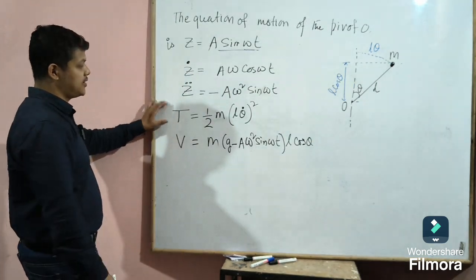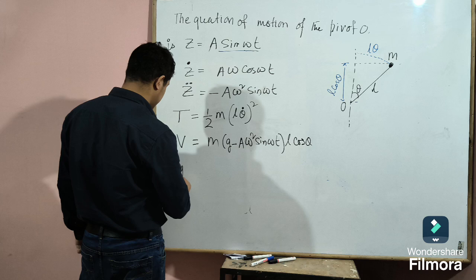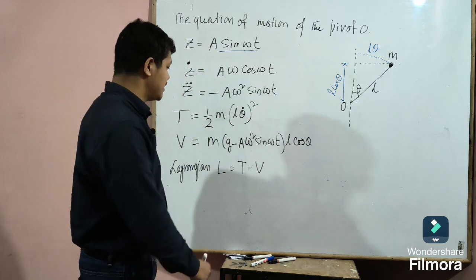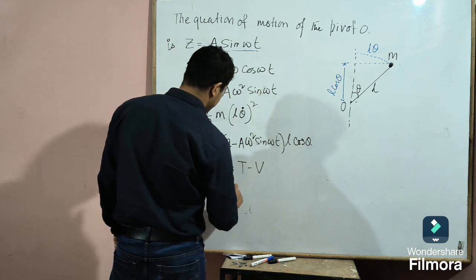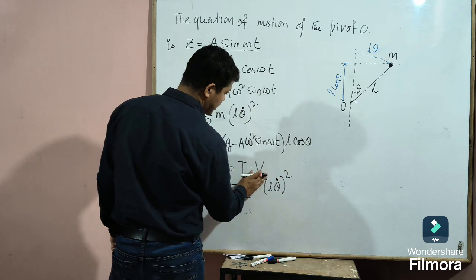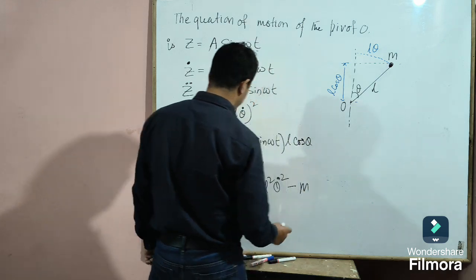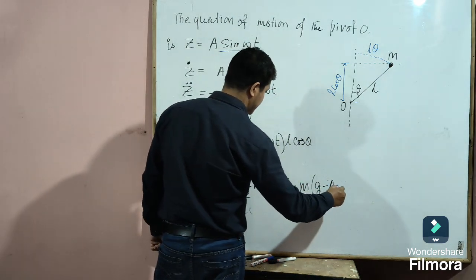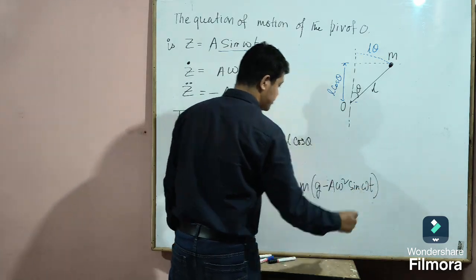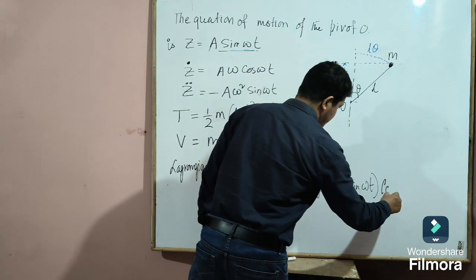Now here you see we have got the kinetic energy, we have got the potential, and so the Lagrangian L is given by T minus V. Then it's gonna be equal to T, which is half m L square theta dot square, then minus m into z minus a omega square sine omega t, into L cos theta.